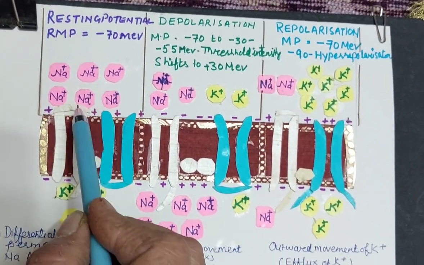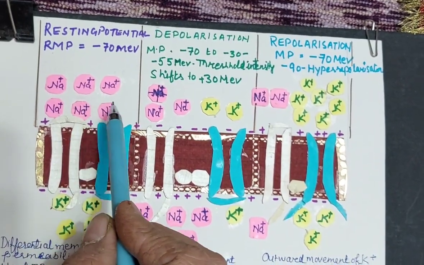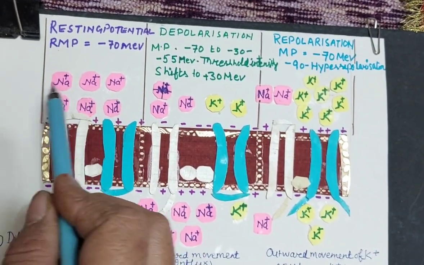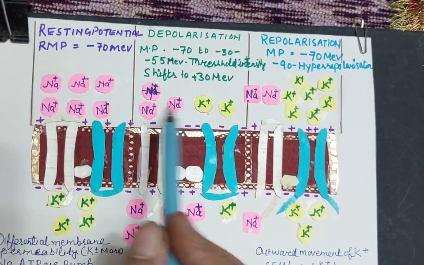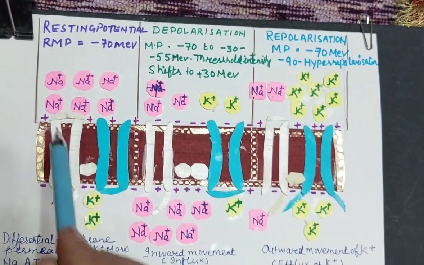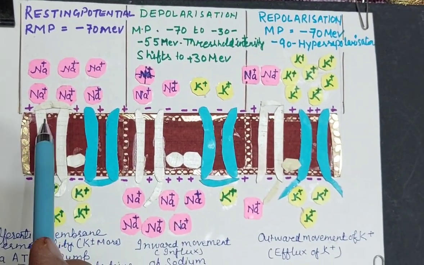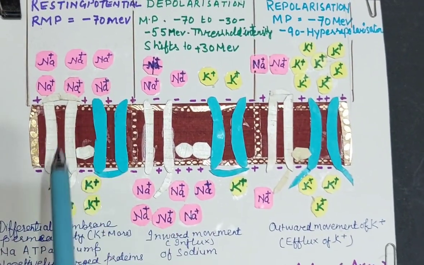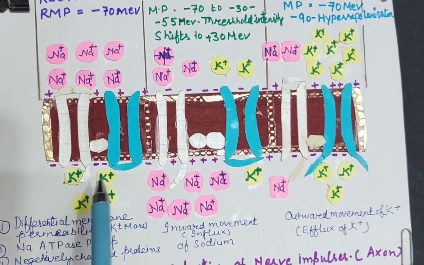And outside, in the extracellular fluid, the number of sodium ions is always more. There are three sodium ions, which have been moved out after repolarization through the sodium potassium ATPase pump, and two potassium ions inside, understand.